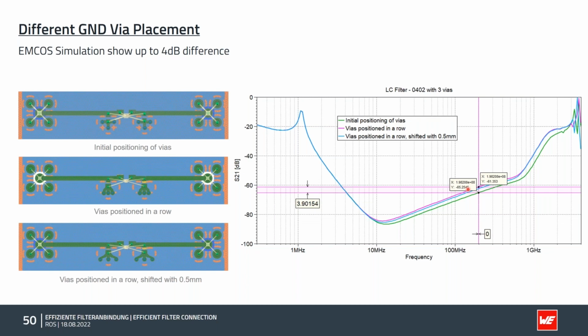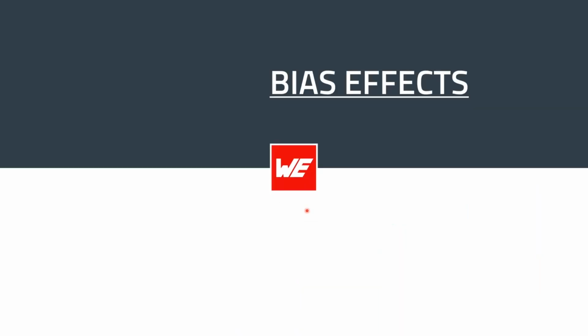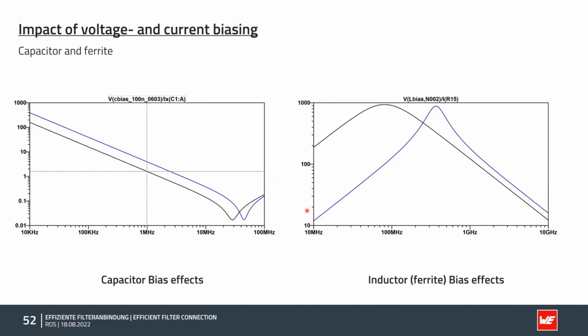From the red one to the green one at around 200 megahertz, you have an attenuation of around 4 dB, which you can reach only by construction on the board. That's the influence of the positioning of wires for filters.